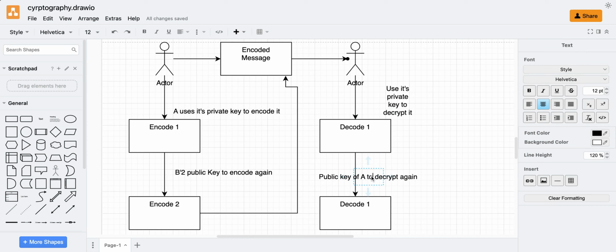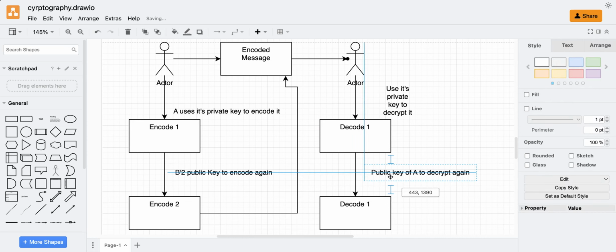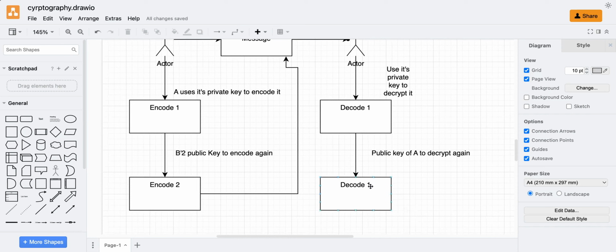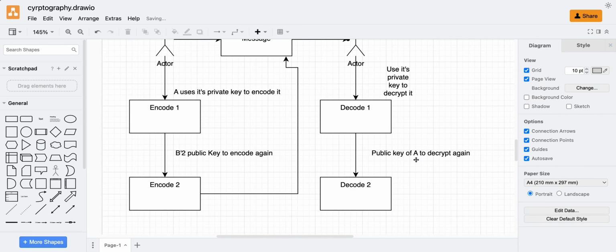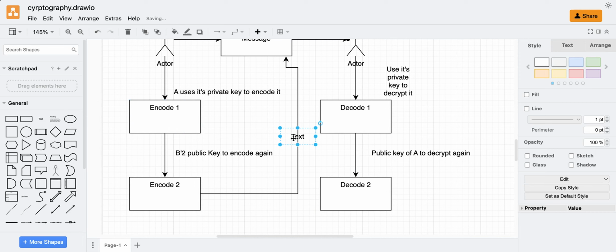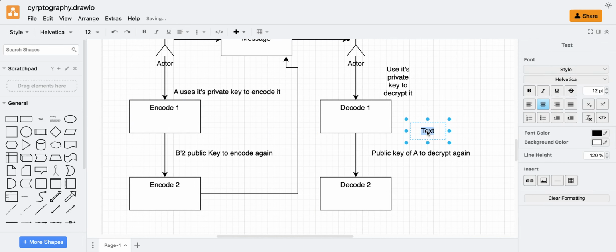And why is this an improvement? Because this is decoded a second time, and here we are proving the authenticity.